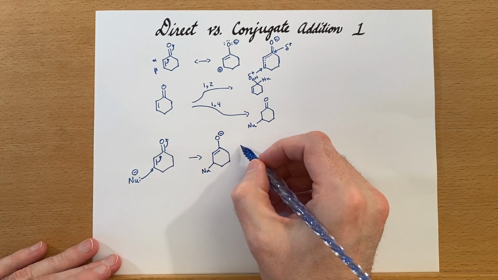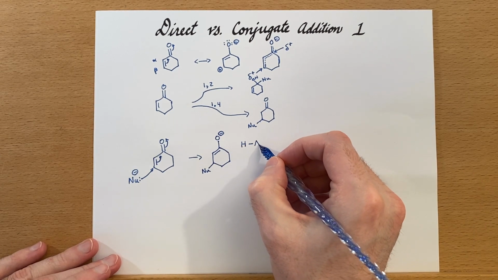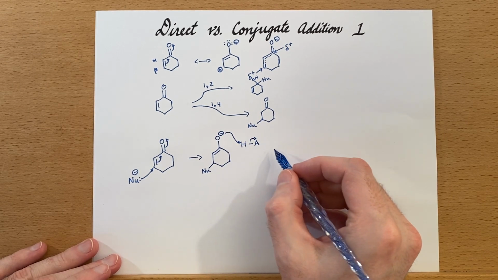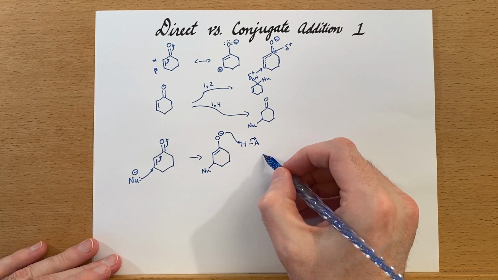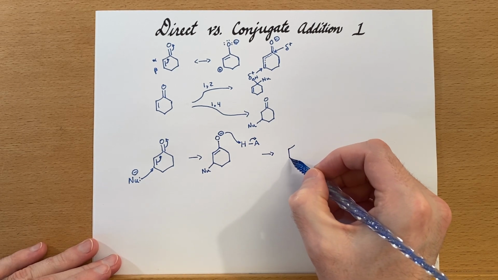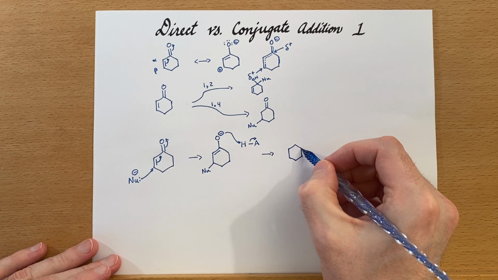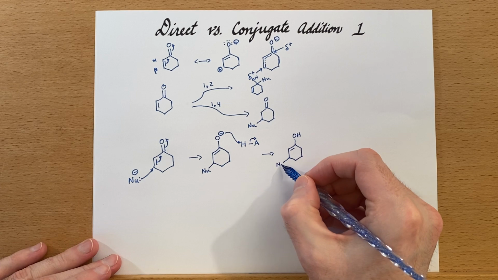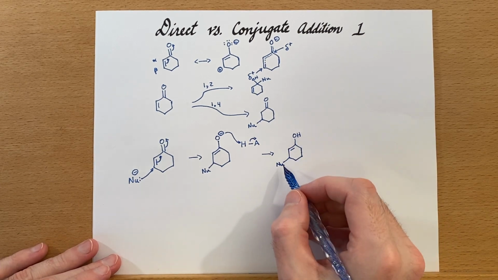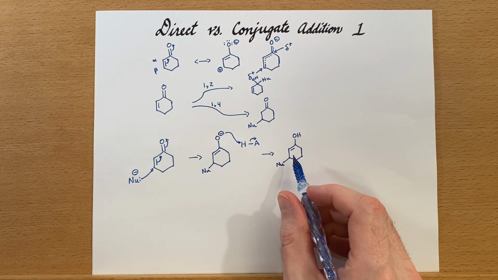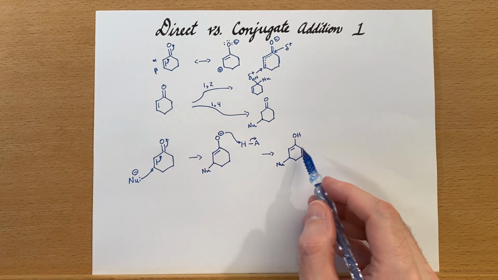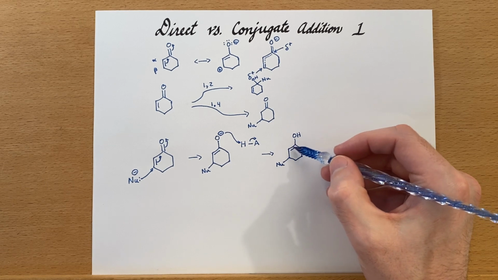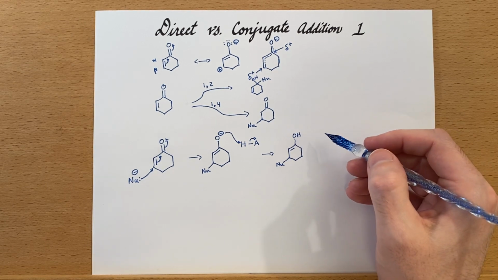And now we need to protonate. So we'll just bring in some acid, and we're protonating. So we end up with this. Now, you might notice that this is not the final product. We have a ketone here. Well, this is an enol, E-N-O-L.